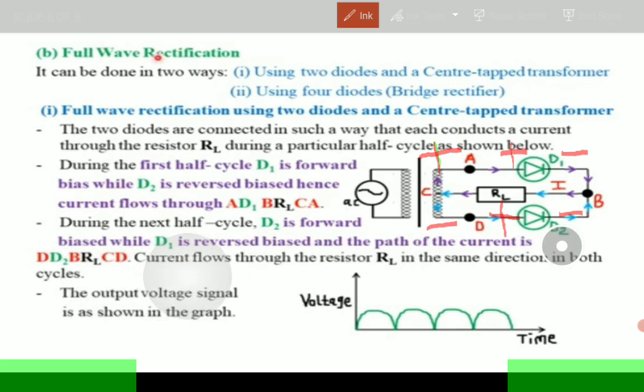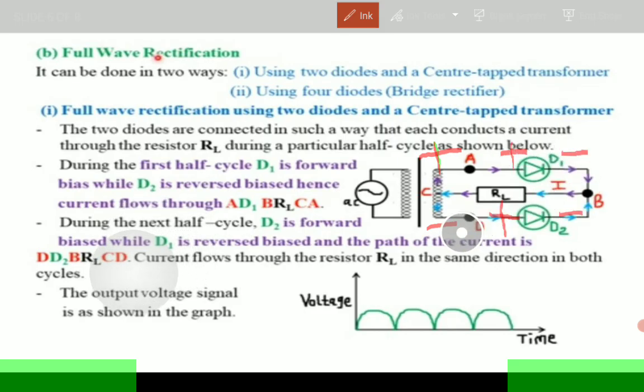The path of the current is now from D to diode D2 to point B to the load and back to C and then to D. Notice that the current will not go beyond B to diode D1 to A, because with respect to that end of the diode, this end is going to be negative, so the current is going to be blocked by the negative end there.